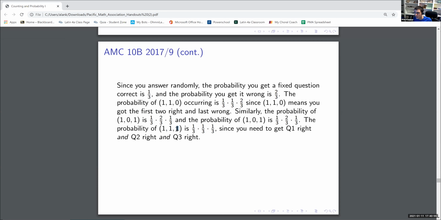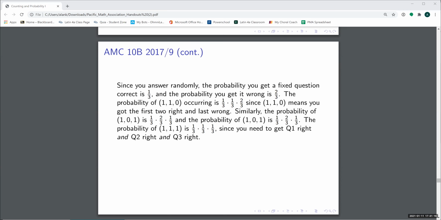And in that scenario, the probability that you get the last question correct is one third of those scenarios, so one third times 1/9. Does that make sense?